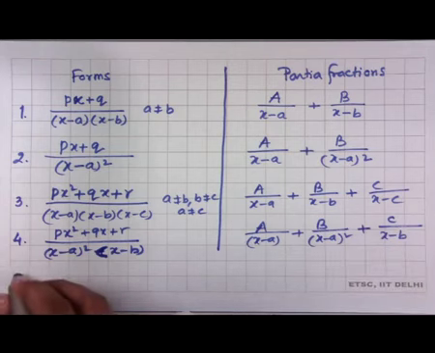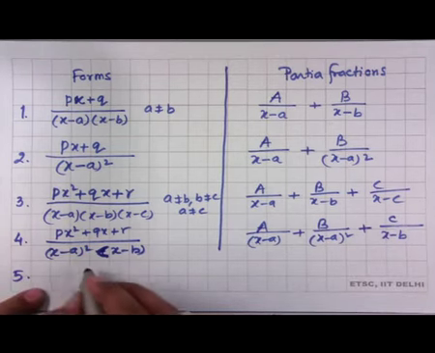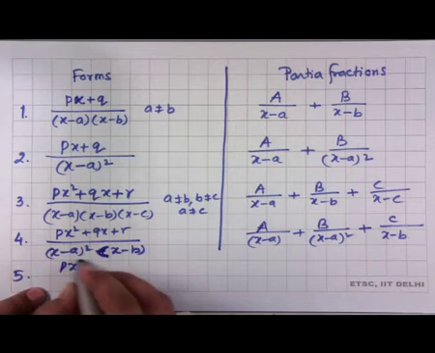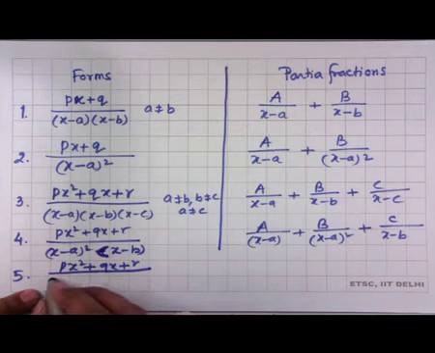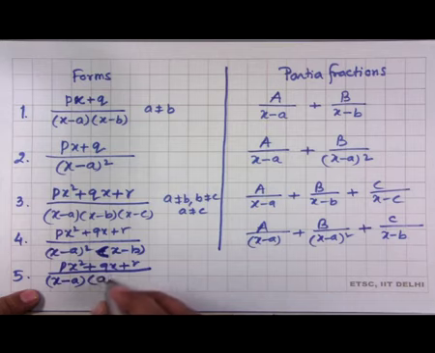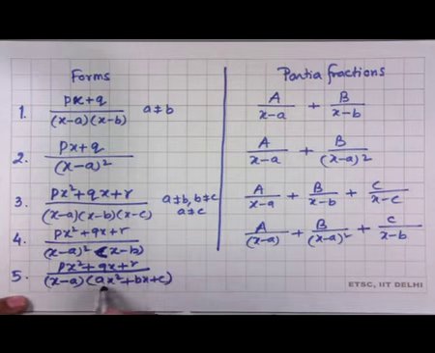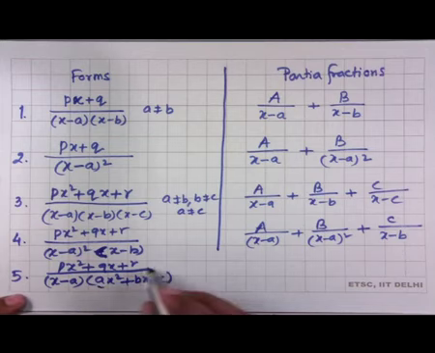And the fifth case, when the numerator is quadratic, px square plus qx plus r, and the denominator is of the form (x minus a) into (a1 x square plus b x plus c). That means the quadratic cannot be factorized into linear factors.